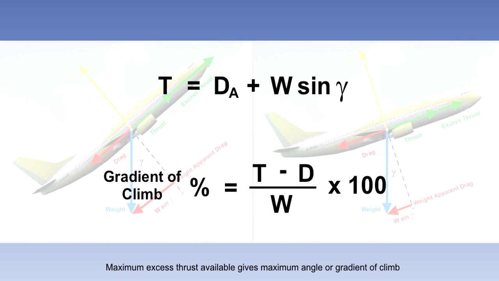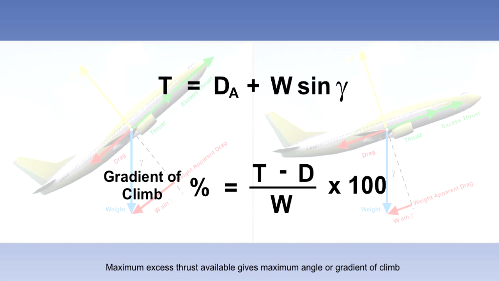So, in order to maximize the aeroplane's climb angle, we need to maximize the excess thrust available. In order to discover how the aeroplane concerned can maximize its excess thrust, and therefore maximize its climb angle, it will be necessary for us to see the thrust and drag data.